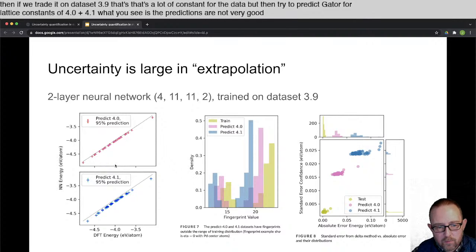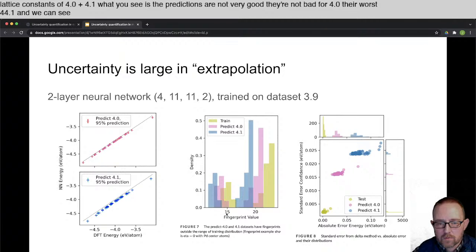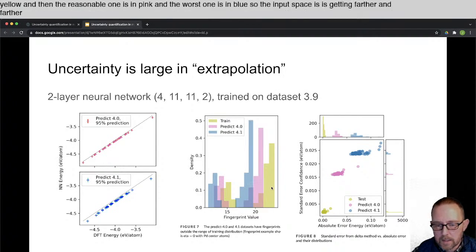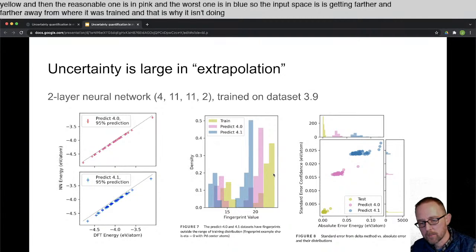They're not bad for 4.0, they're worse for 4.1, and we can see over here, if you look at the input space, that these don't overlap. The training set is here in yellow, the reasonable one is in pink, and the worst one is in blue. The input space is getting farther and farther away from where it was trained, and that is why it isn't doing a good job.